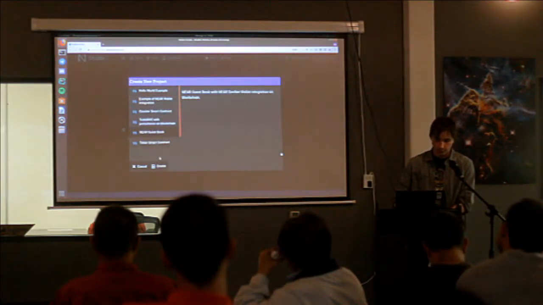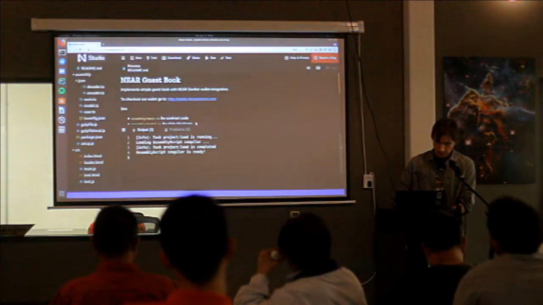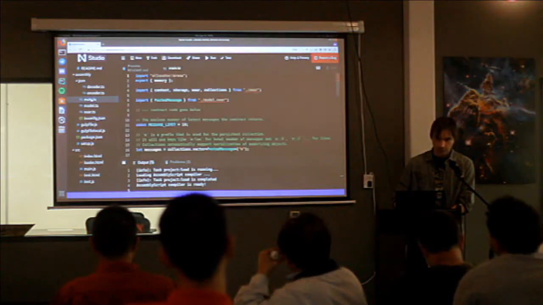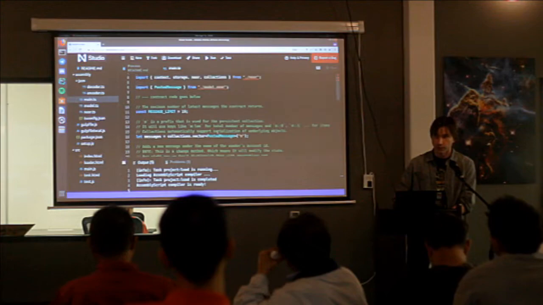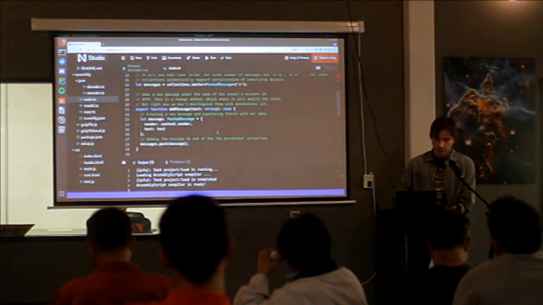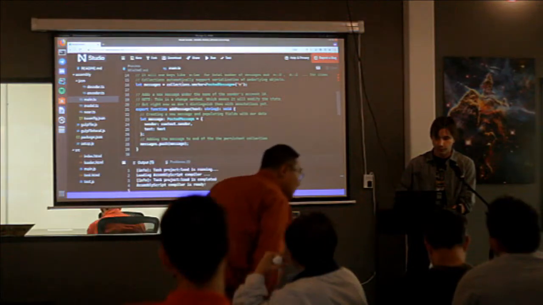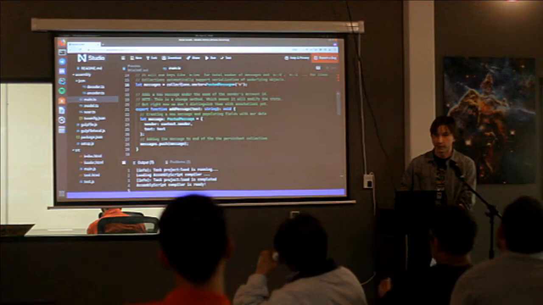So I will fork a guest book as a simple toy example. And the guest book, on the left, what you can see is main.ts is the actual smart contract. So the smart contract is written in TypeScript. And it's very short. Like this is the entire guest book. And it is entirely built around this concept of collections. So collections are some persistent data structure.